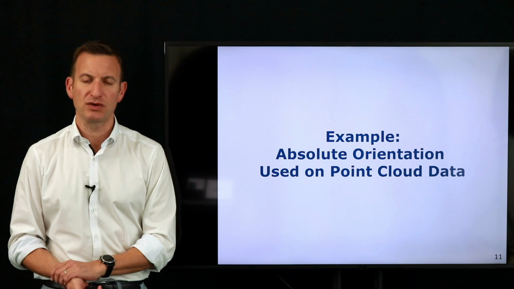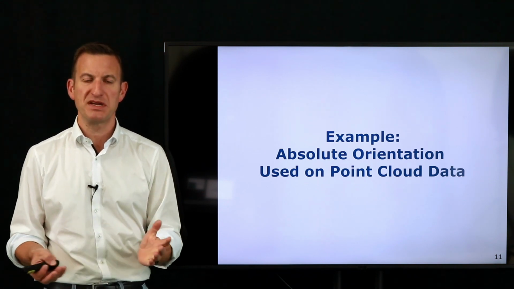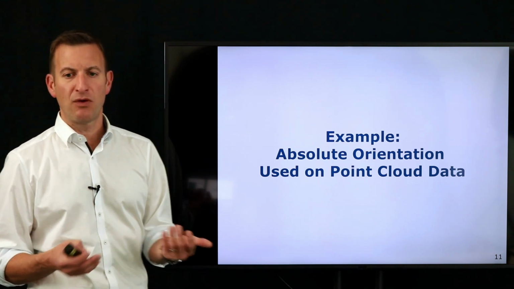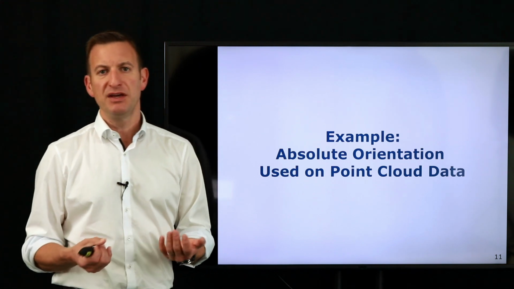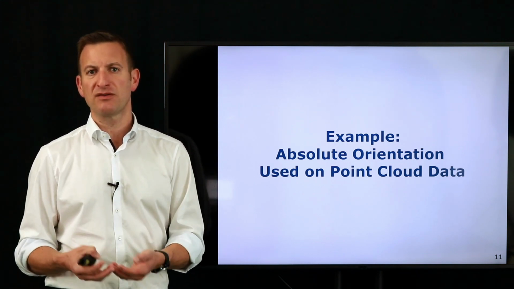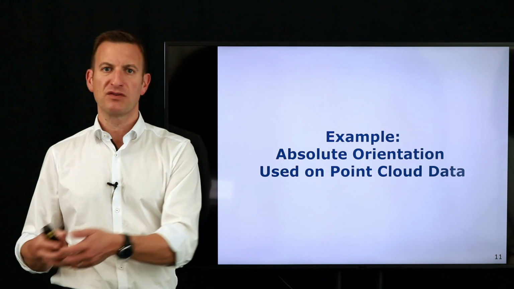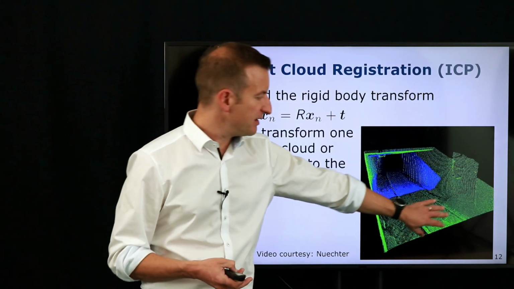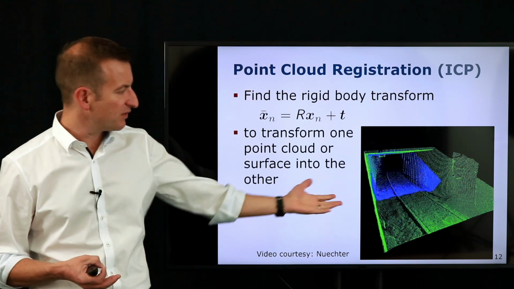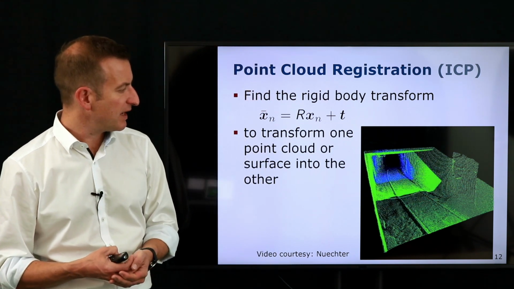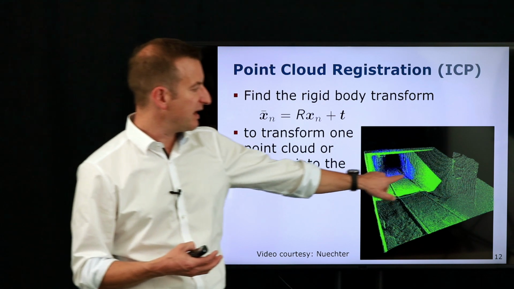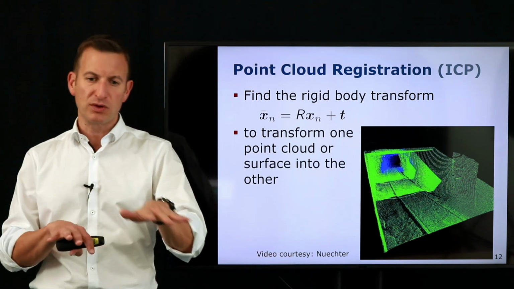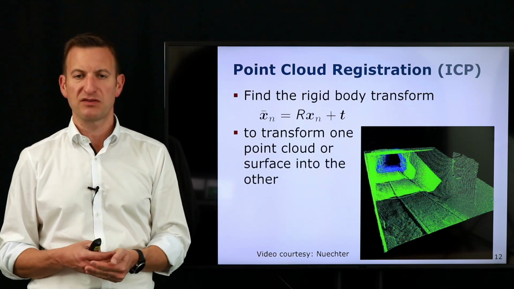This again is also relevant if we work with 3D lidars. If we want to perform point cloud registration, for example, here we are interested in finding a rigid body transform that transforms one point set into a second point set. For example, we have this green point set, which is in this case a 3D point cloud taken in an underground environment, and we are taking new observations, these blue scans, and want to register them with respect to the existing model.